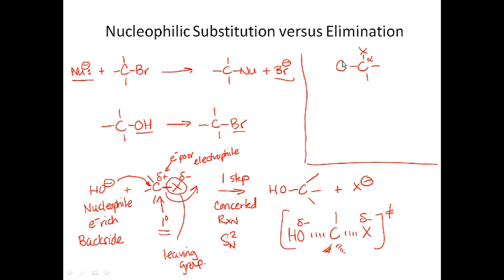And then the carbons that are attached to that alpha carbon are called beta carbons. There's nothing spectacular about that. And the hydrogens that are attached to the beta carbon are called beta hydrogens.